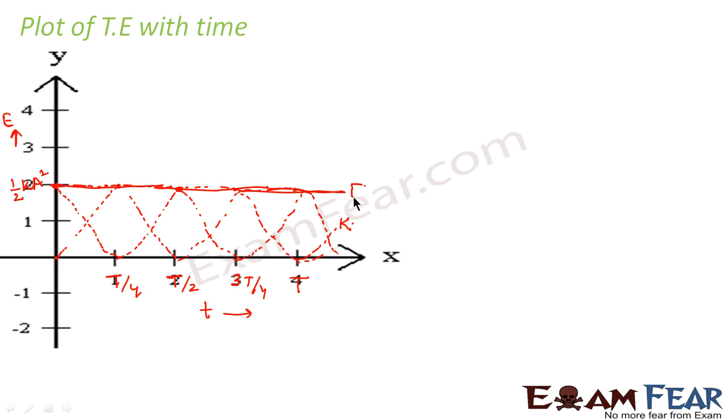So this represents total energy, this was kinetic energy, and this is potential energy.